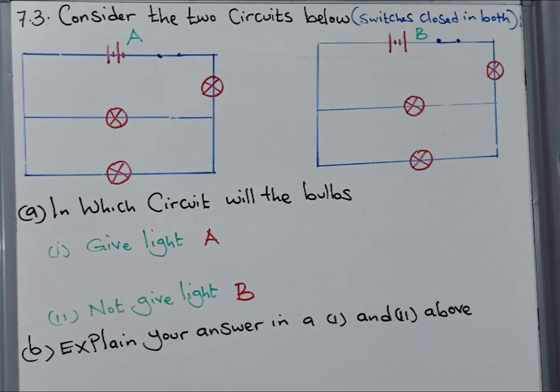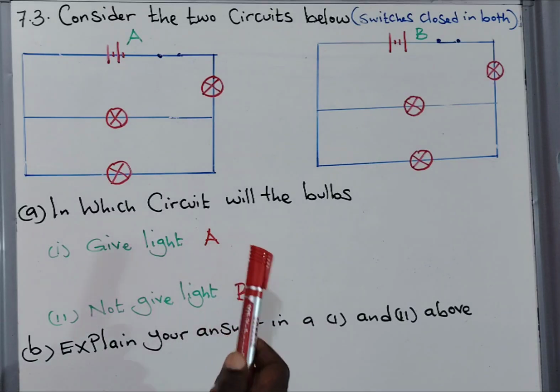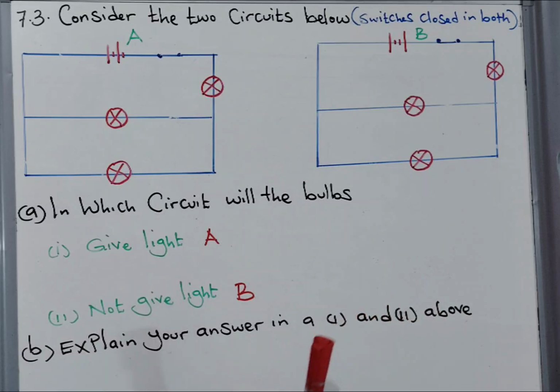Now they say, explain your answers in 1 and 2 above. What is the explanation for A giving light and B not giving light?